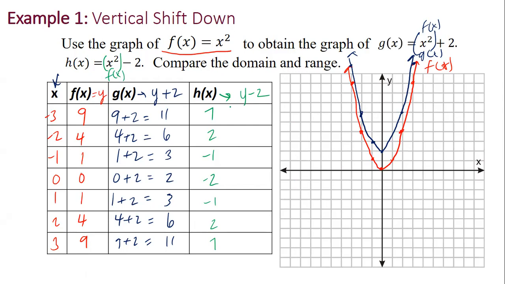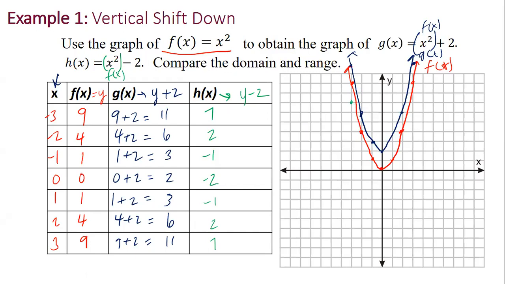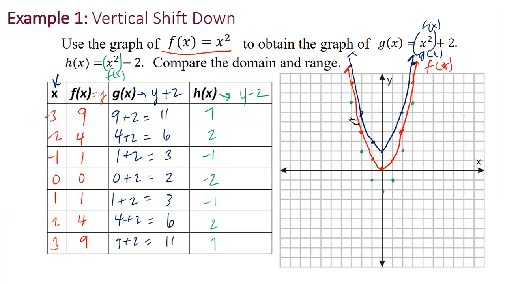But for your green and your h of x, you're now shifting all these points down 2 units. So like you guys told me, 7, 2, -1, -2, -1, 2, and 7. Visually, what happened with, I can't even pretend that was good.